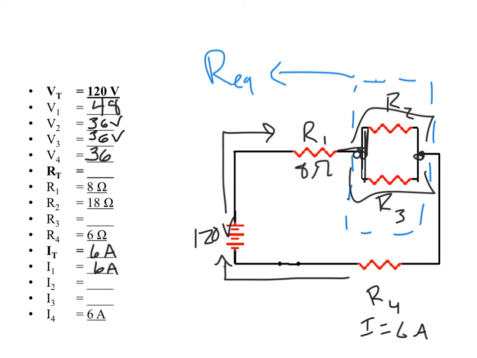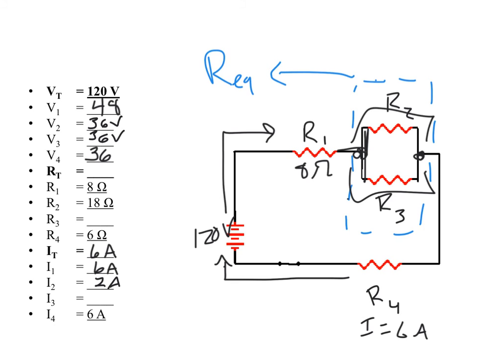Okay? So now, if I know resistor 2 is 18 ohms and its voltage is 36, I'm going to find its current. 36 divided by 18 is 2. So the current through 2 is 2 amps.